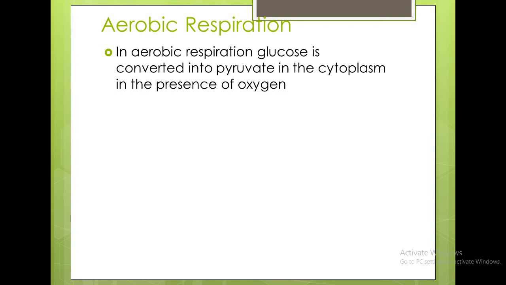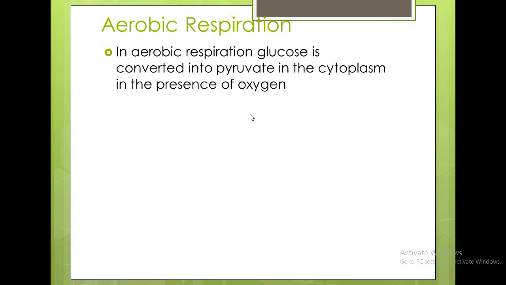So the carbon present inside the glucose is C6, and that breaks into half, that means 3. That is pyruvate. So in aerobic respiration, glucose is converted into pyruvate, half. It becomes half in the cytoplasm, and this mechanism takes place in the cytoplasm.